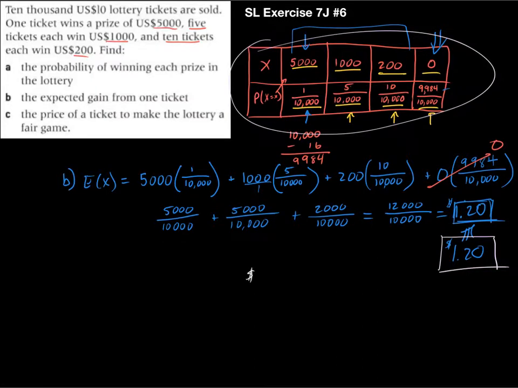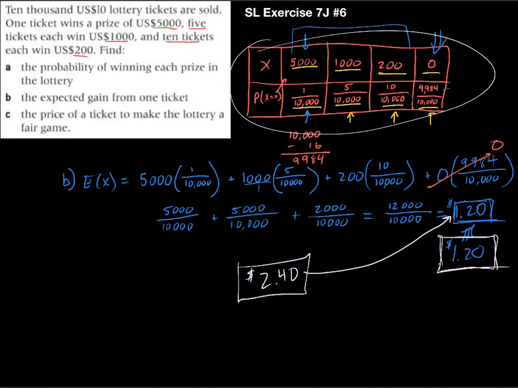And so your lottery ticket might cost $2.40 because on average, they're going to have to pay out $1.20, which means that there's $1.20 left over for them to do whatever they're supposed to do with it. All right, so that's how lotteries work. And that's how governments and other charitable organizations can make money off of it because they're charging more for the tickets than what they're actually paying out.